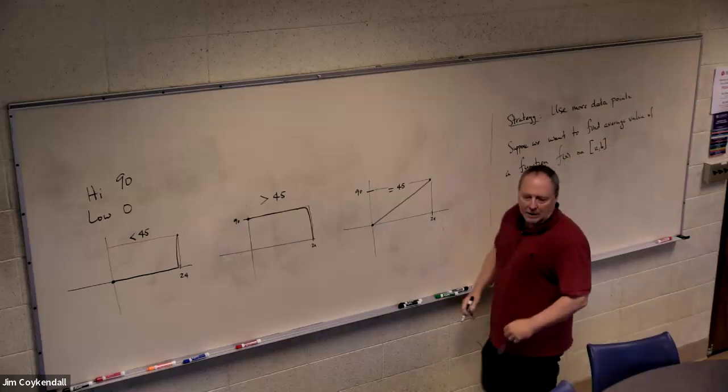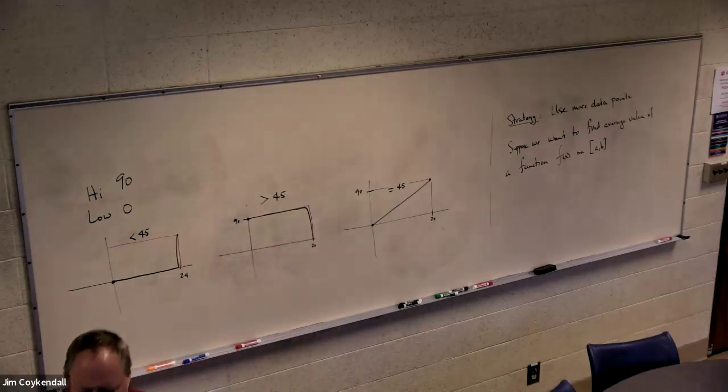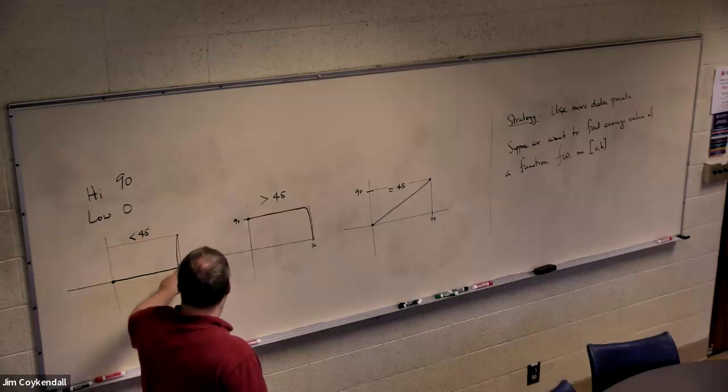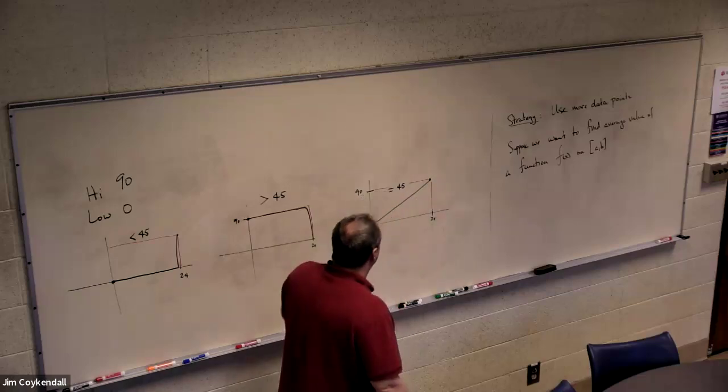To keep a nice picture in your mind, you can think of this as our average temperature. So here's my function here. It's 0 until the very end, 90 until the very end, or uniformly going from 0 to 90.